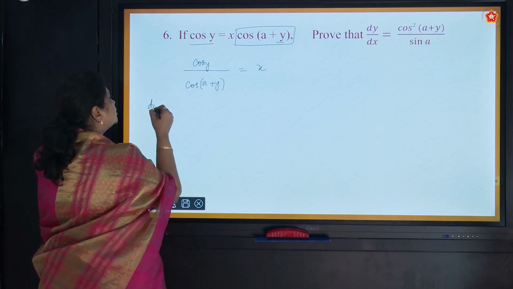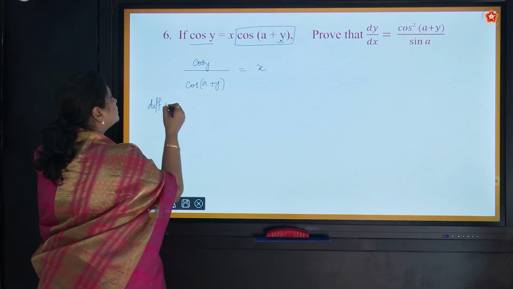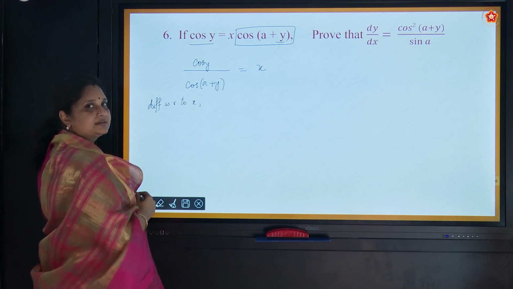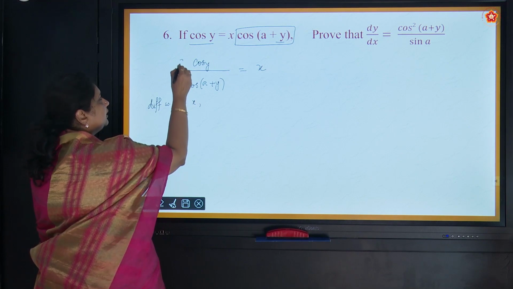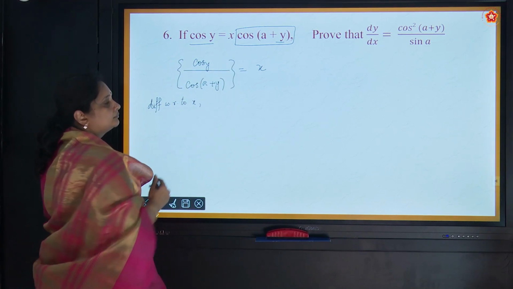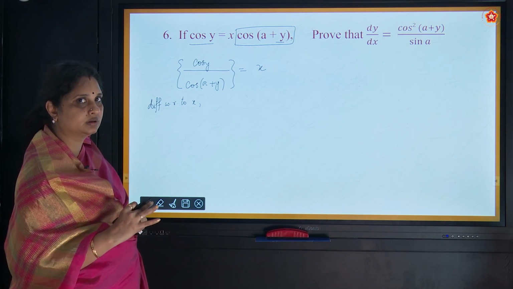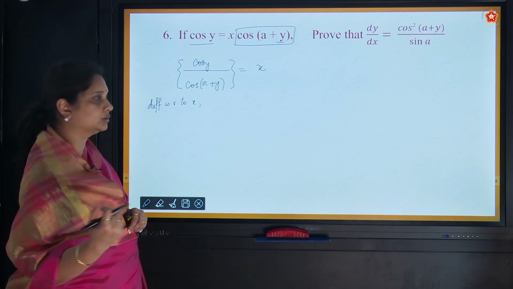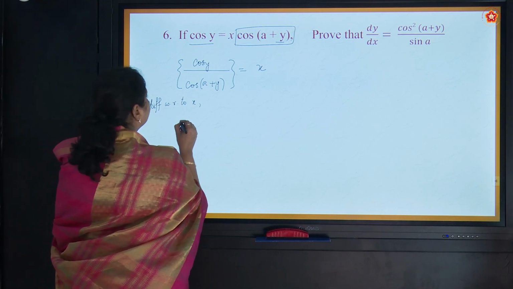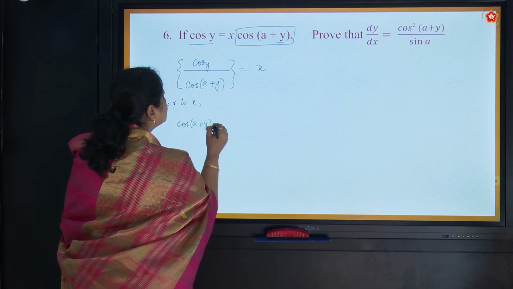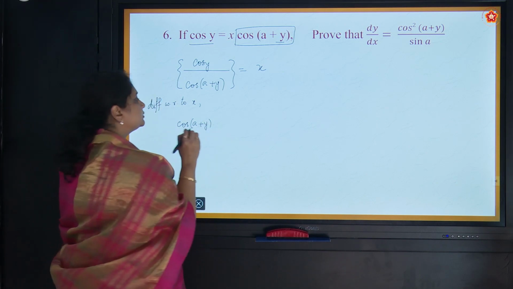Let's see, I'm going to differentiate with respect to x. So how do I differentiate? I use u by v here because the outermost function is a quotient function. So we need to use the quotient rule of differentiating. I'm going to keep the denominator as it is and differentiate the numerator, that is cos y.